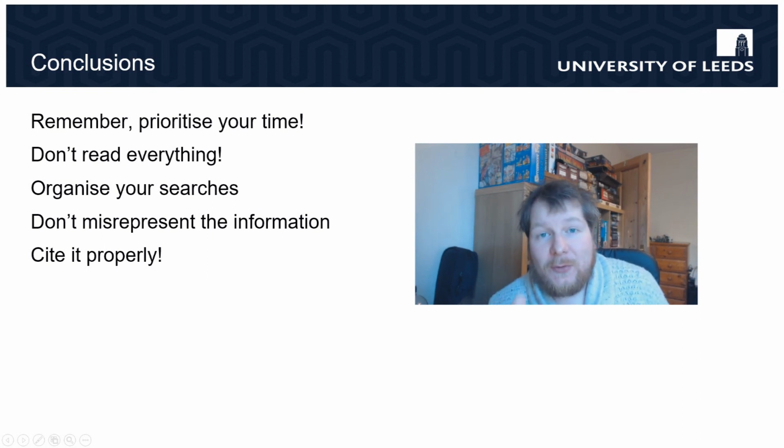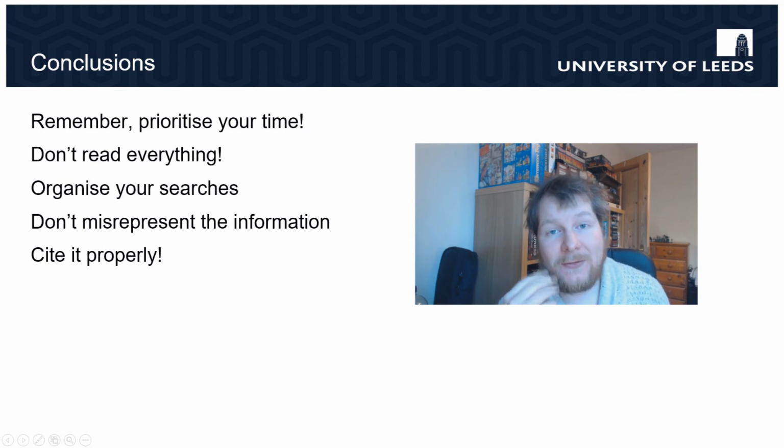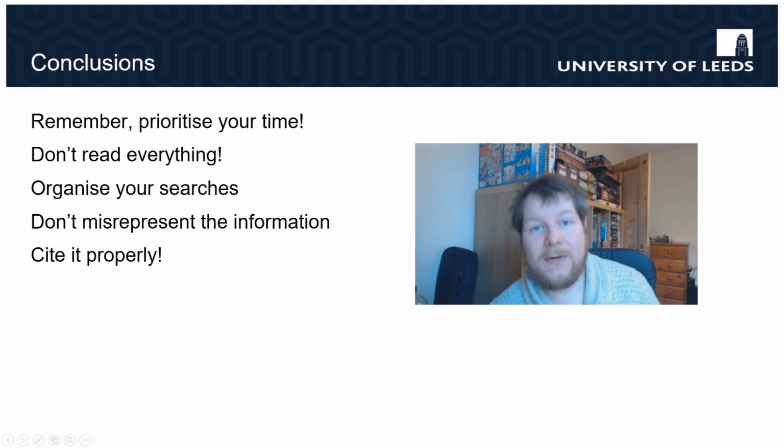Once you've got the articles that you want to use and you've read the information that you need to read from them, remember not to misinterpret or misrepresent the information that you're trying to give to the reader. If you can't answer some very basic questions about the information that you're trying to give to your reader, then there's a very good chance that you've not got any real basis to make that claim that you're making.